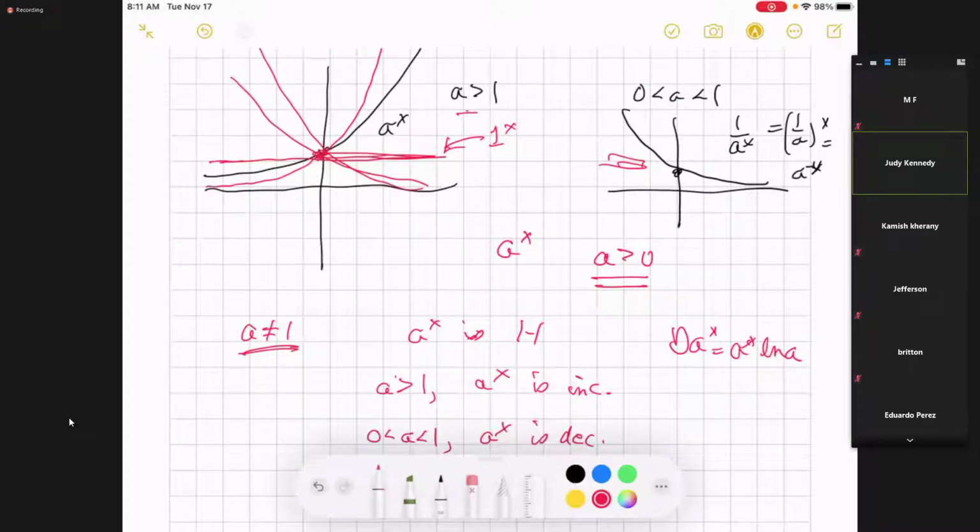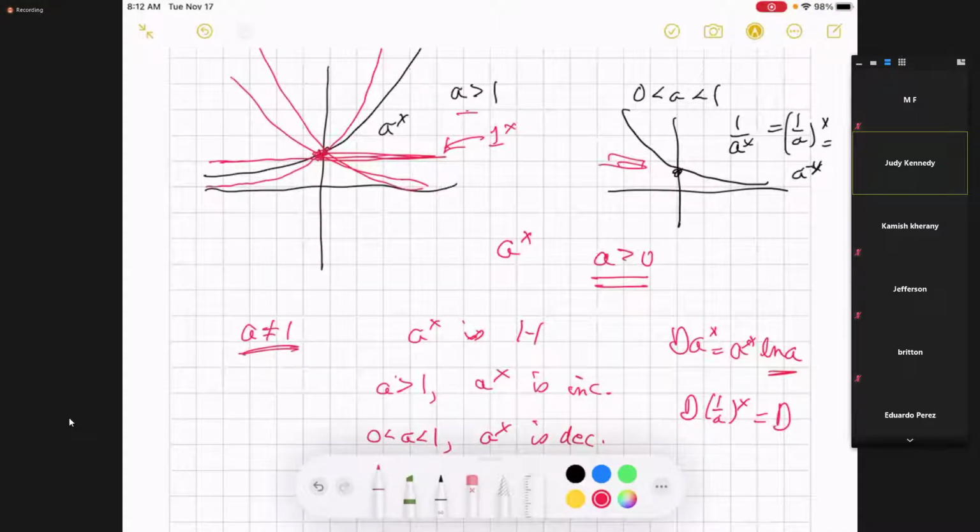I'm thinking. Okay, it's easy to see if a is greater than 1. If 0 is less than a, the derivative would be, okay.